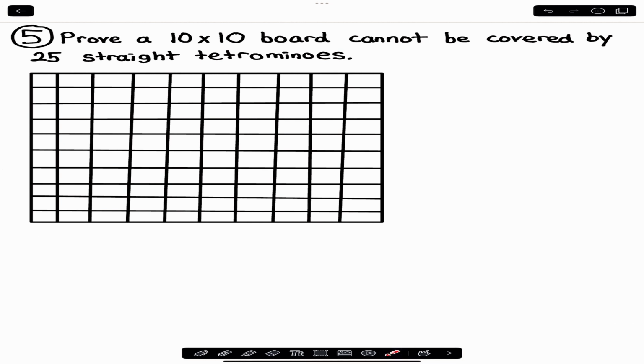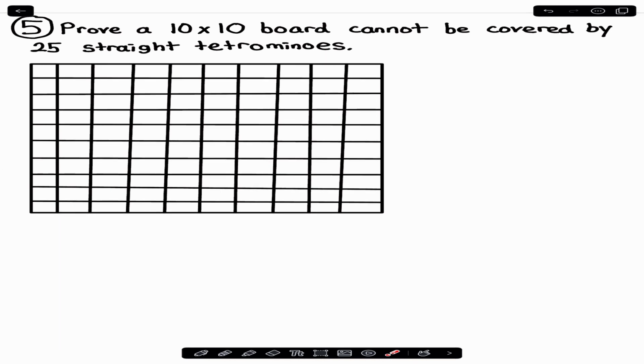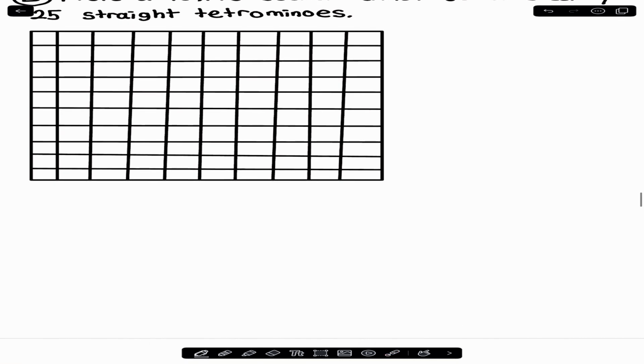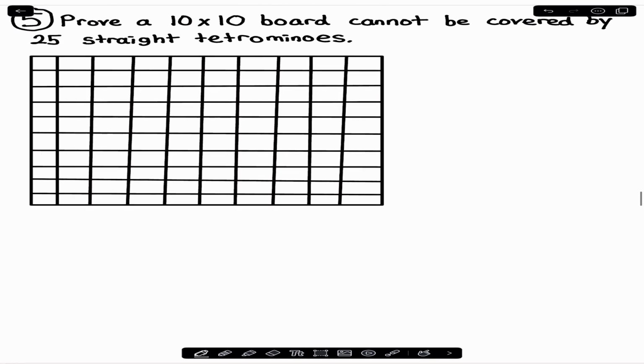Okay, again, this time we're given this 10 by 10 board, so same measurements, cannot be covered by 25 straight tetraminos. Interesting, I thought the straight tetraminos were always working up until this point, but not anymore. Why? Let's figure it out. So I'm first going to approach this problem in the same way that we've always done it before.